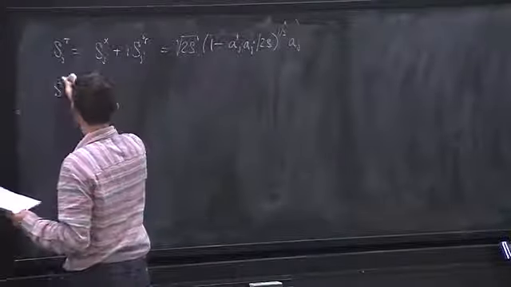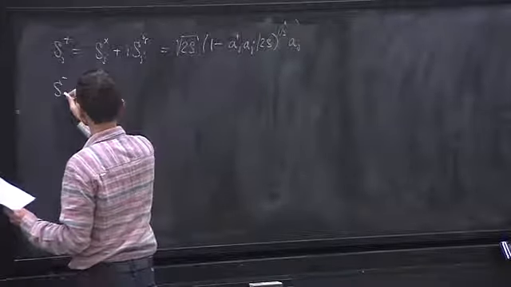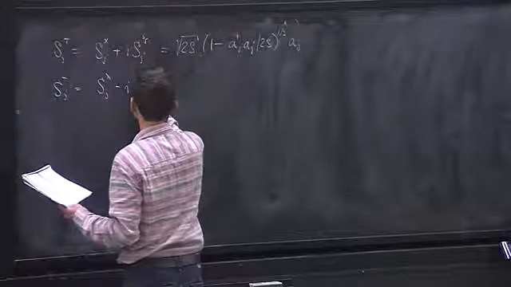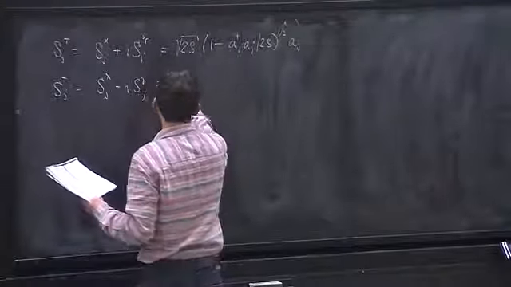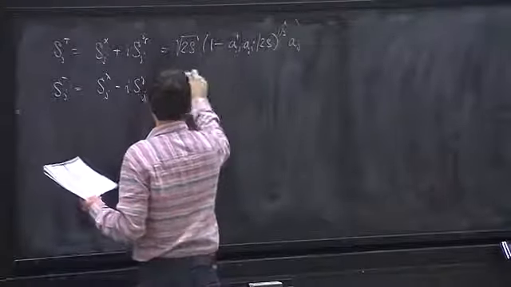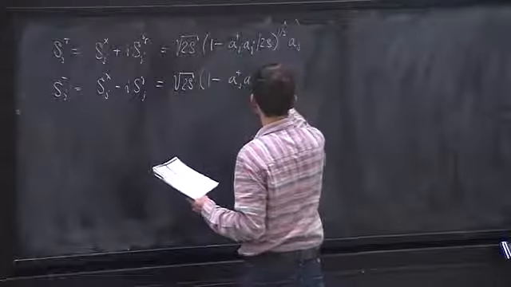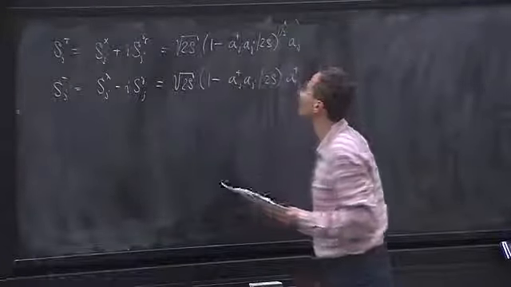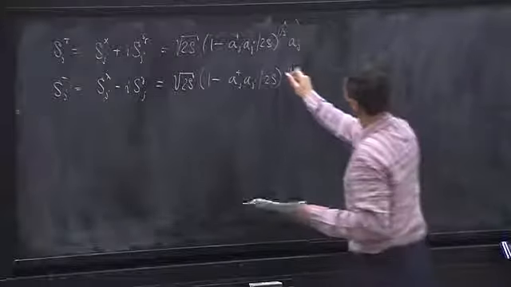And similarly for the lowering operator, S_j minus is S^x_j minus i S^y_j, is 2s times 1 minus a dagger j a j over 2s, to the 1/2, times a dagger j.